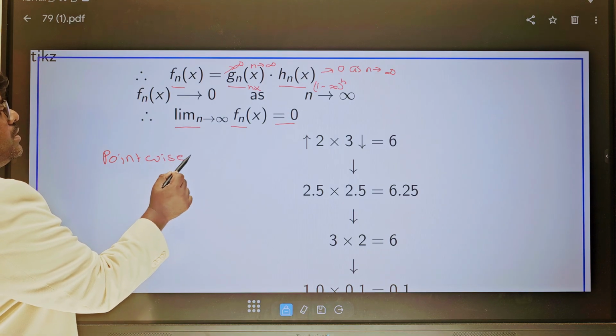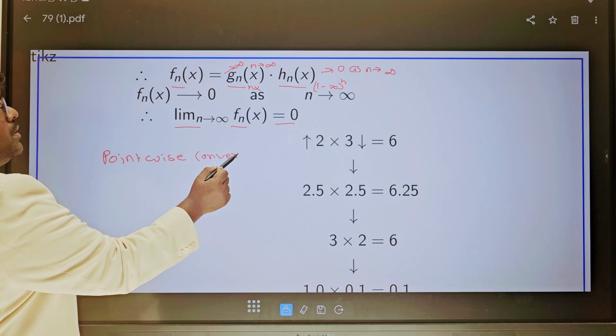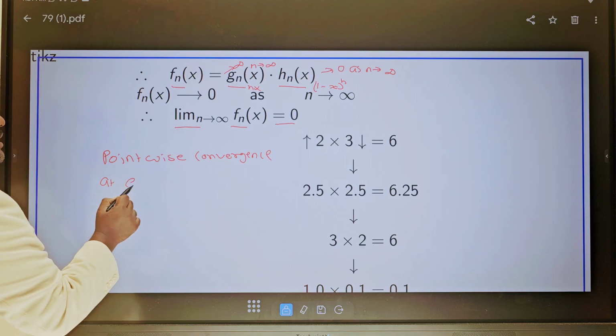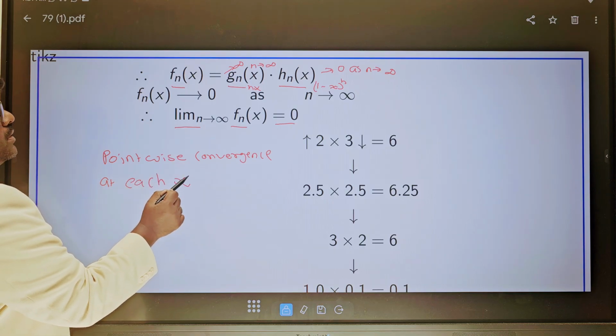It is pointwise convergence, because we have evaluated at each x.